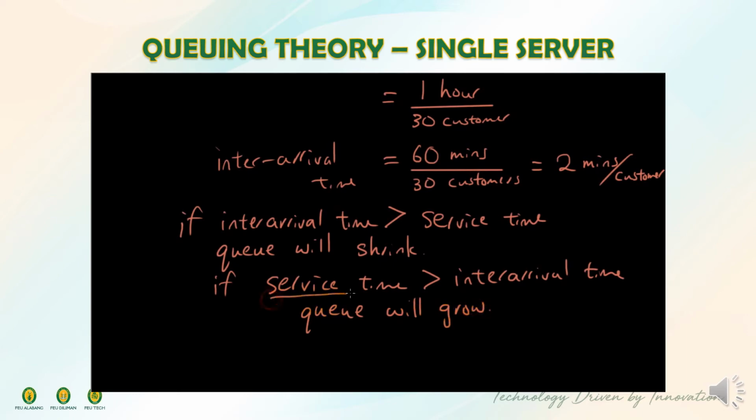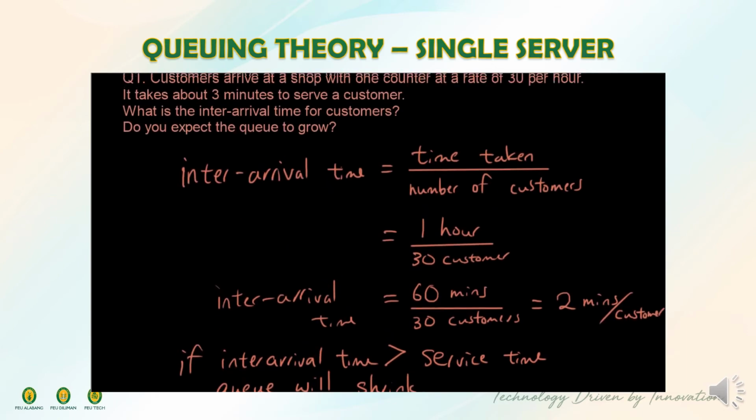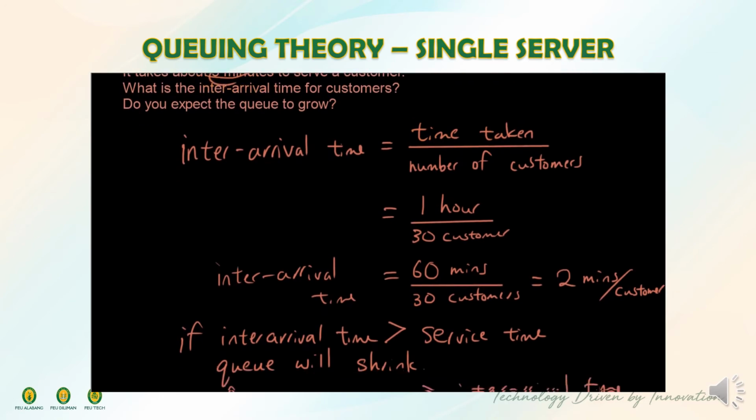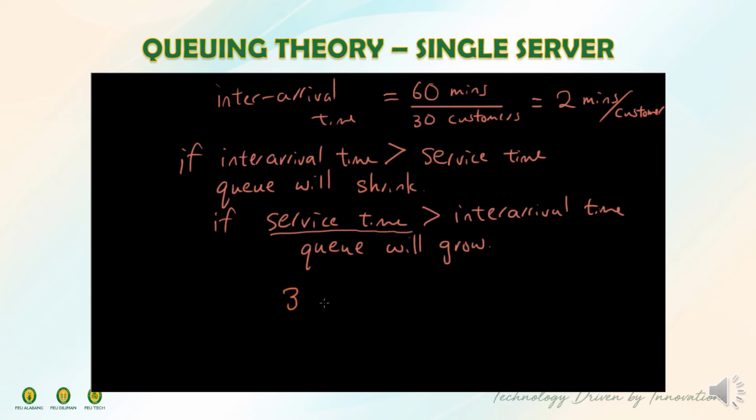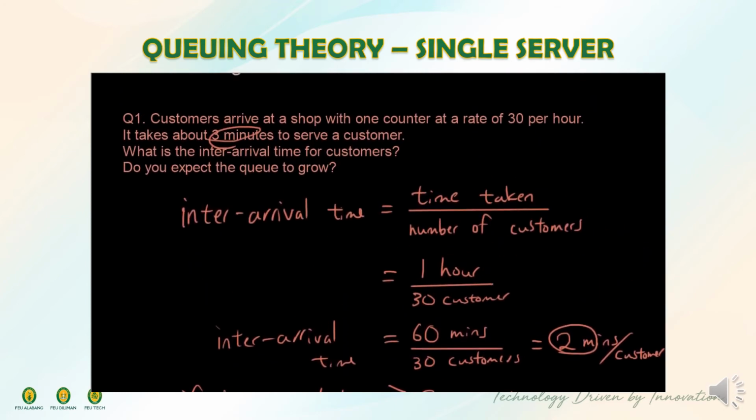The service time in this case is 3 minutes, and 3 minutes is bigger than 2 minutes, so the queue will grow because service time is bigger than inter-arrival time. Okay, so that is the first question done. I'll give you guys another one right now.